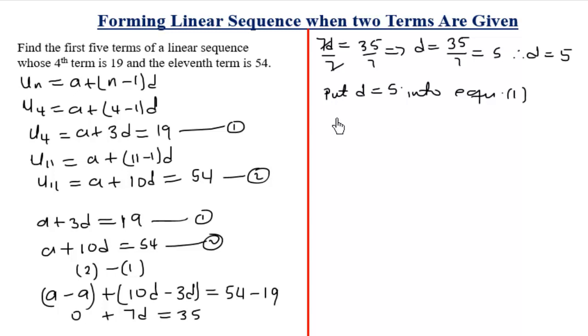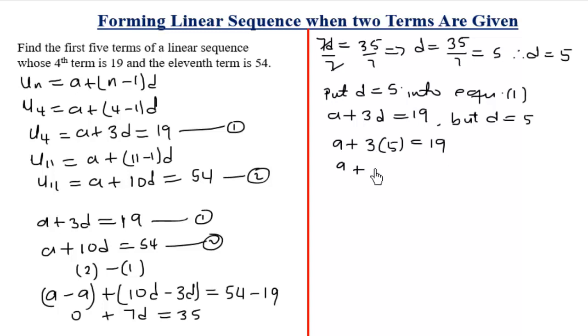So equation 1 is a plus 3d equal to 19. But what is d? d is equal to 5. So a plus 3 times 5, that is 15, equal to 19. Alright. So a is equal to 19 minus 15, and 15 from 19 is 4.